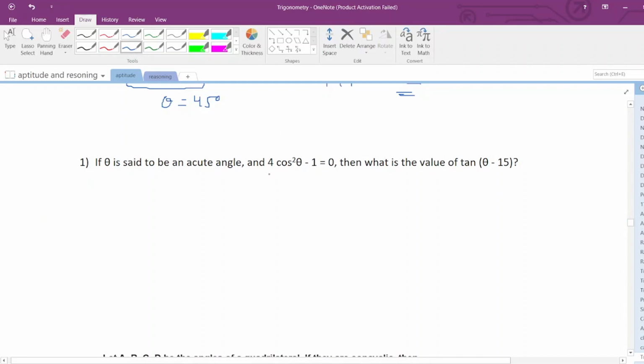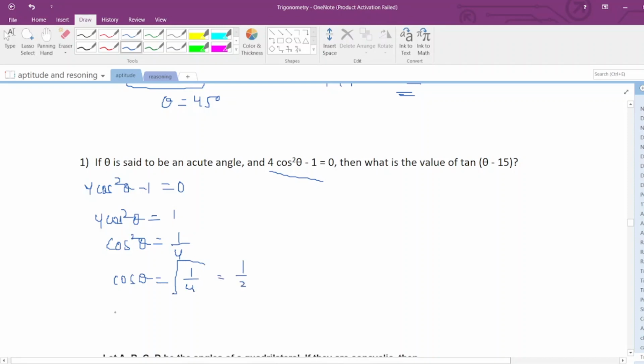Now first of all, take this one: 4 cos square theta minus 1 is equal to 0. So 4 cos square theta is equal to 1, and cos square theta is equal to 1 by 4, can I write? And cos theta is equal to root of 1 by 4, which is equal to 1 by 2, right? So cos theta is equal to 1 by 2.